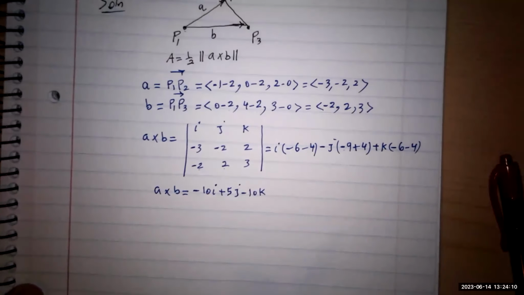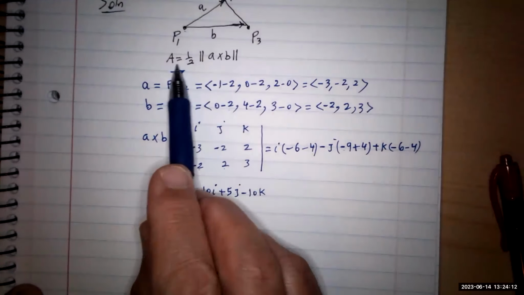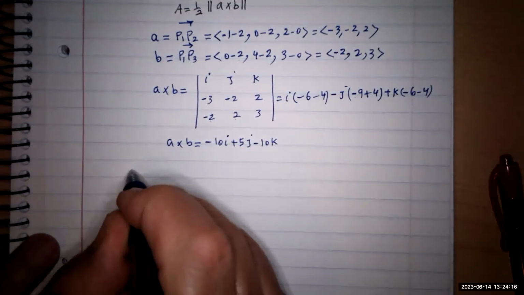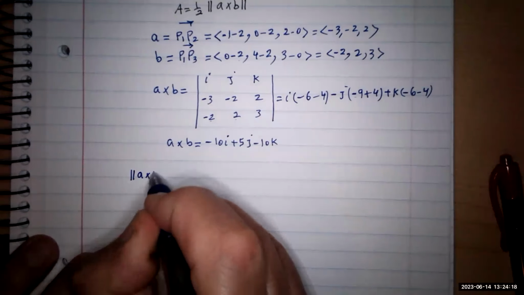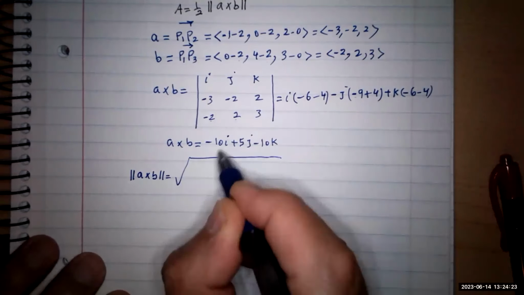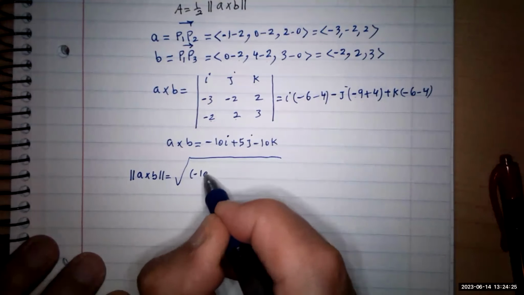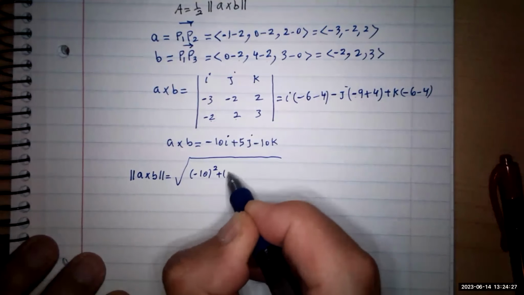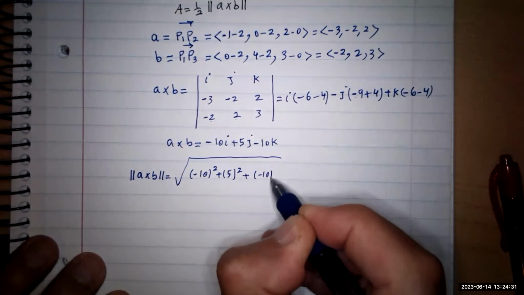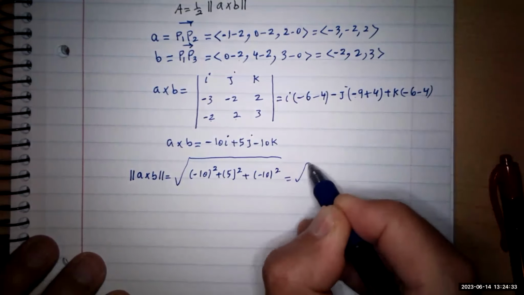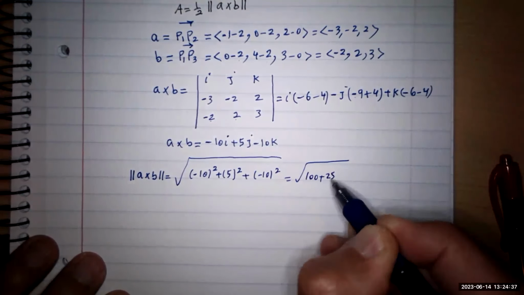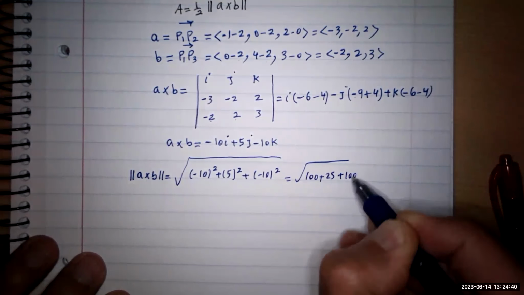Now you have to find the norm. The area would be 1/2 of the norm. So the norm of A cross B is going to be the square root of -10 squared, 5 squared, and -10 squared: 100, 25, and 100.